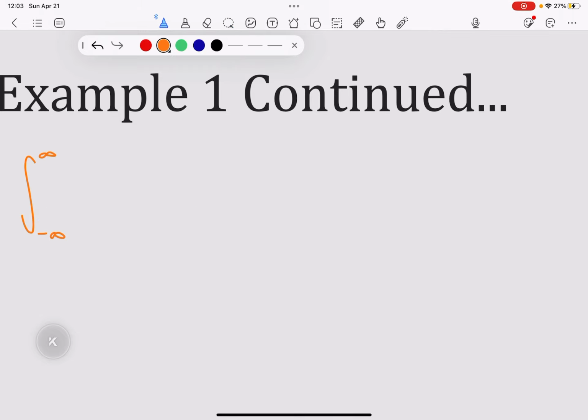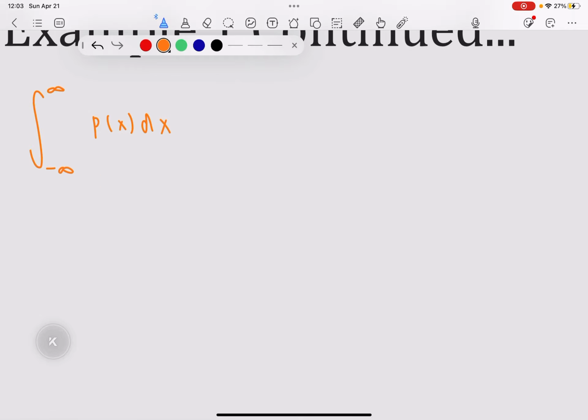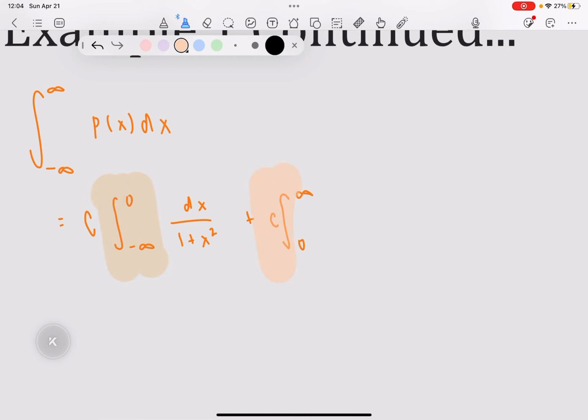Okay, and then a p of x of dx, and then we're going to apply a constant out front for negative infinity to 0 of dx, similar to what the reminder said, and make sure that you know that you have to apply both sides, so we have to do 0 to infinity as well, to match.